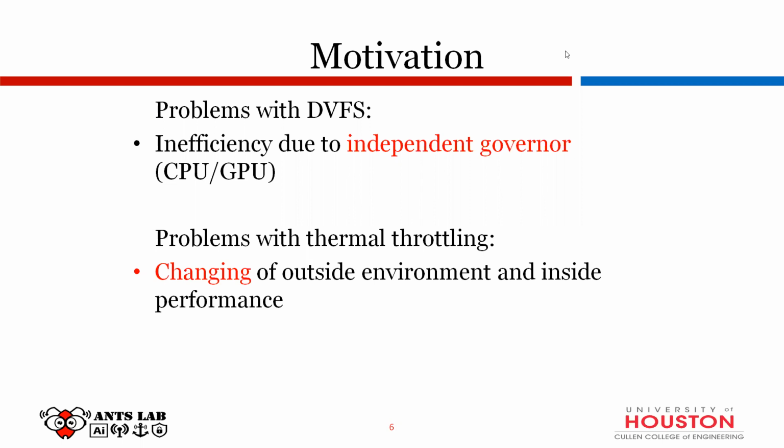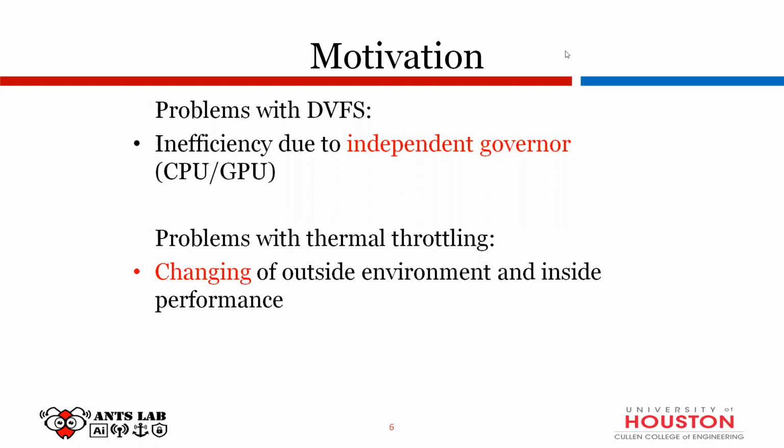And for inside performance, different applications need different performance or frame rates. So these are the two limitations of DVFS and thermal throttling. Now we are done with the motivation.